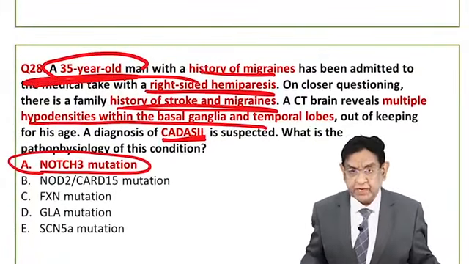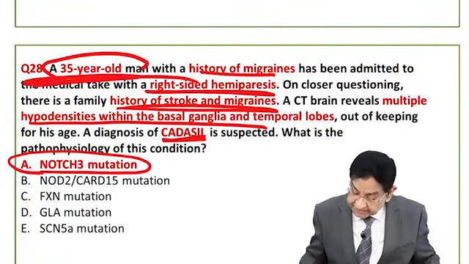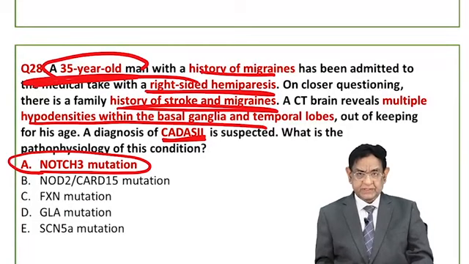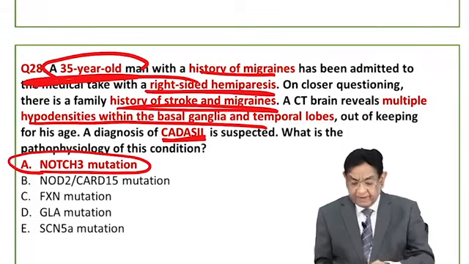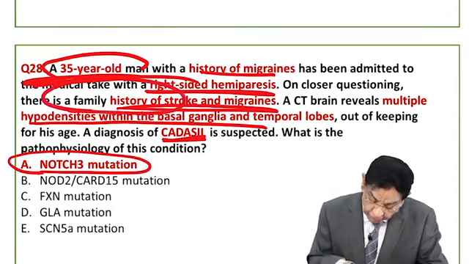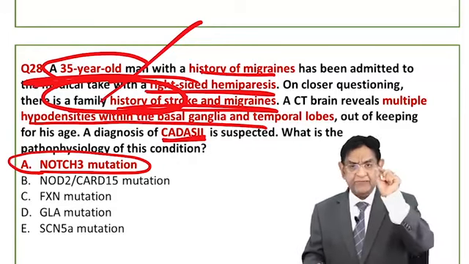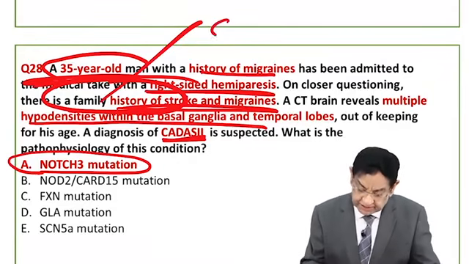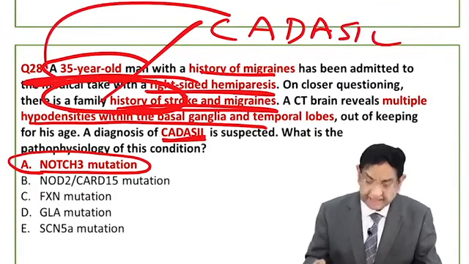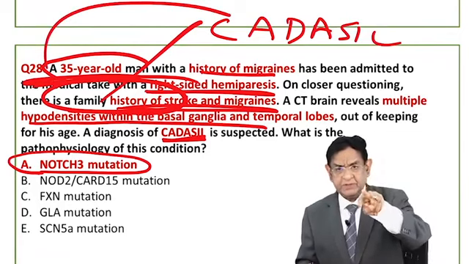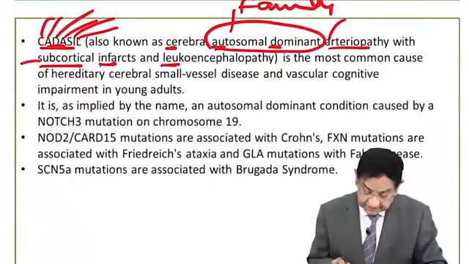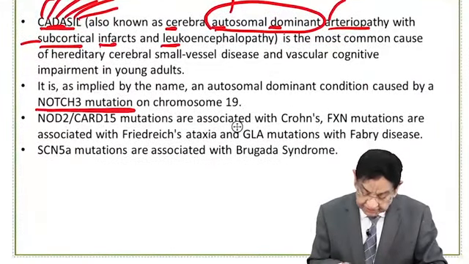Remember there is nothing like hypertension, diabetes, nothing to predispose to atherosclerosis. He also said family history of stroke. So whenever you get a family history of stroke, think about CADASIL, supported by a young age. Family history positive, young age, think about CADASIL. And this is due to Notch 3 mutation.